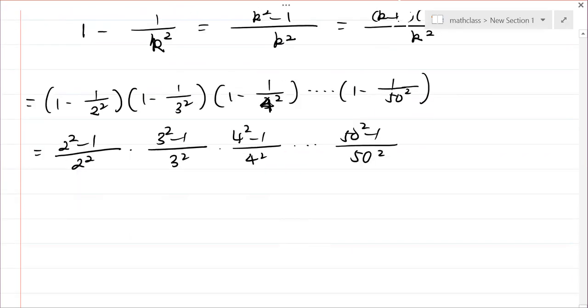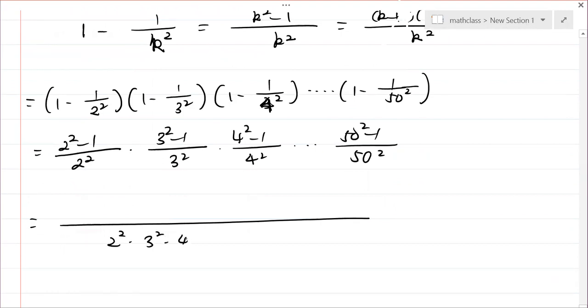Then what? Don't worry. All right, so what you get here is in the denominator a product: 2 square, 3 square, 4 square, 5 square, up to 50 square, okay? Don't worry. Now, 2 square minus 1 can be written as a factor.